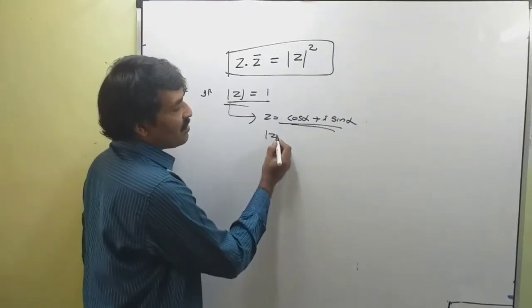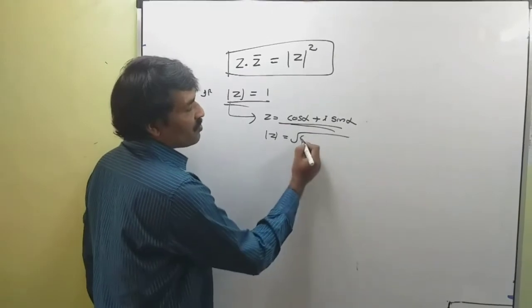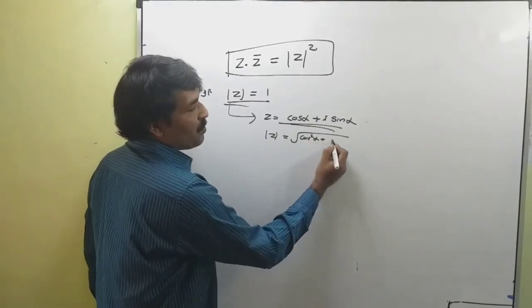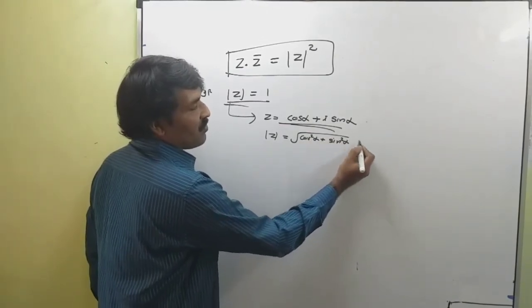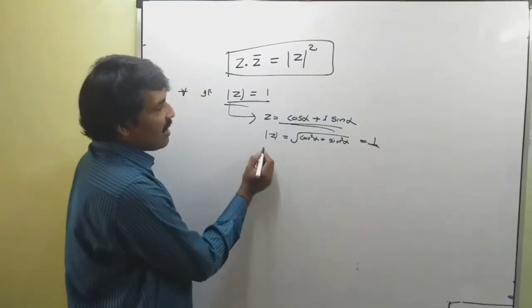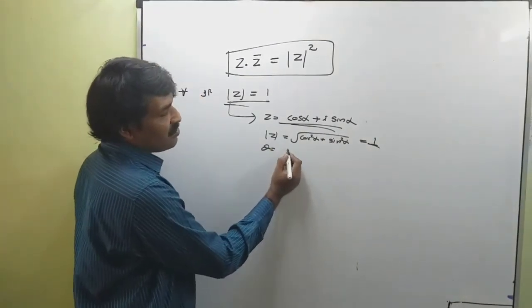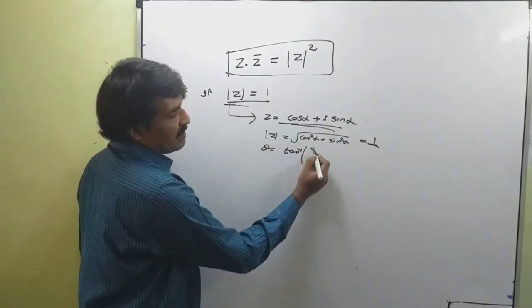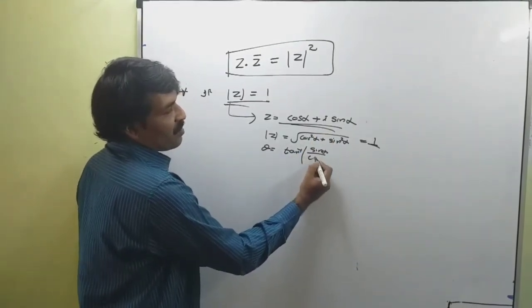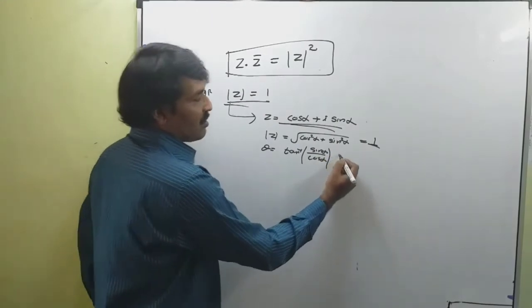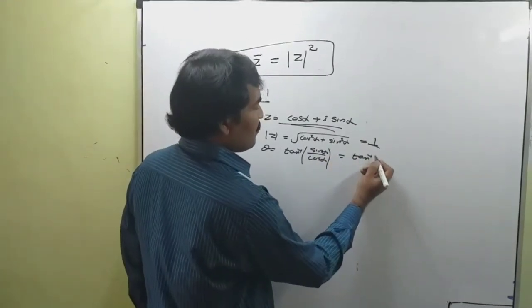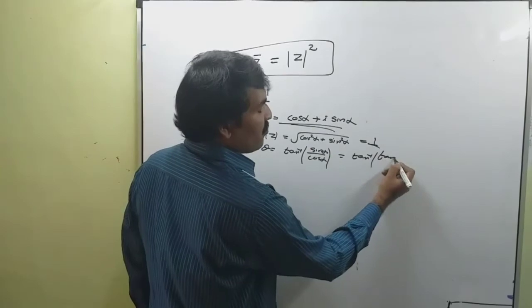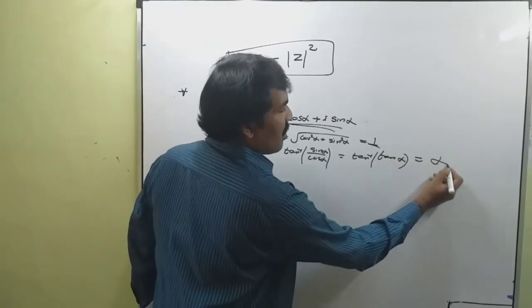Here magnitude is equal to root of cos square alpha plus sin square alpha, which is equal to 1. And argument theta is equal to tan inverse b by a, that is sin alpha by cos alpha, or tan inverse tan alpha, that is equal to alpha.